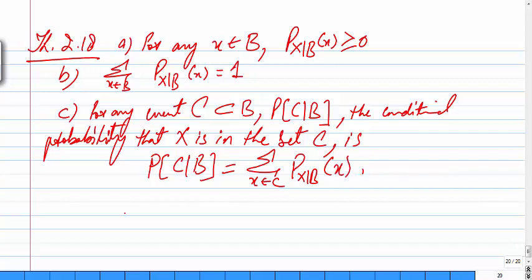So this is the way we can calculate the conditional probability.